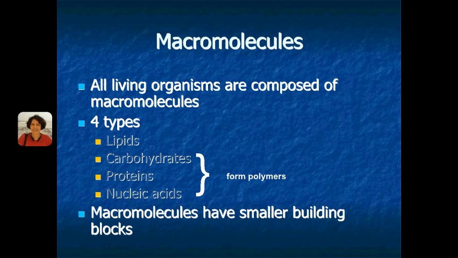So in lipids, you have hydrocarbon chains and you may have aromatic rings, but they don't form these extremely large molecules that have lots of repeating units strung together and connected to each other, as we will see with the other three macromolecules.